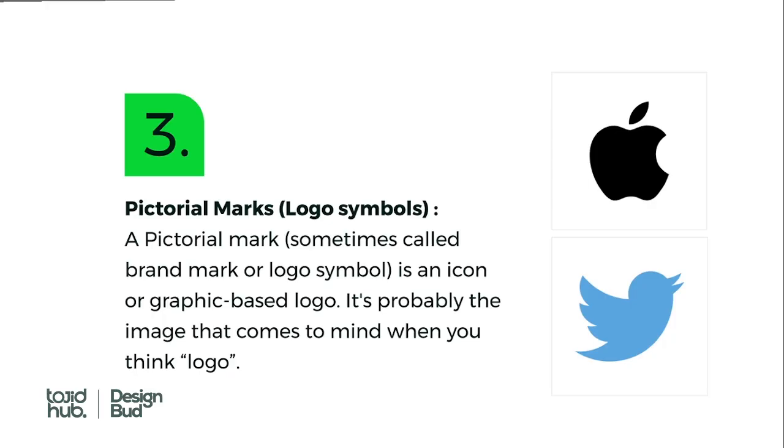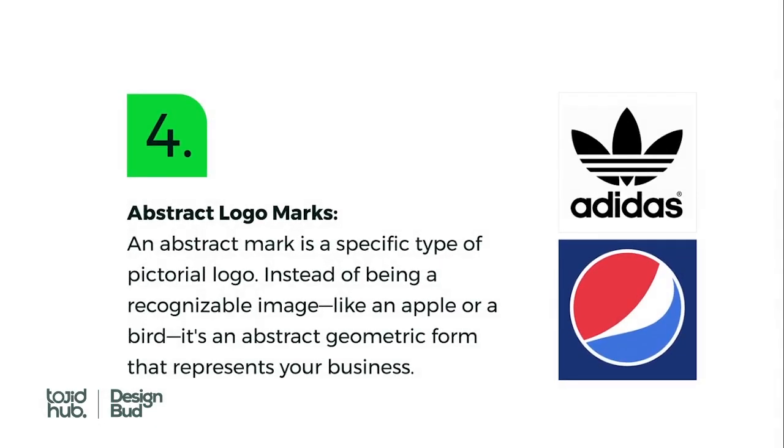The next logo type here is the abstract logo. An abstract mark is a specific type of pictorial logo. Of course, the abstract logo falls under the pictorial logo, but instead of being a recognizable image like Apple or a bird, it is an abstract geometric form that represents your business, formed from different shapes put together, but those shapes have their different meanings.